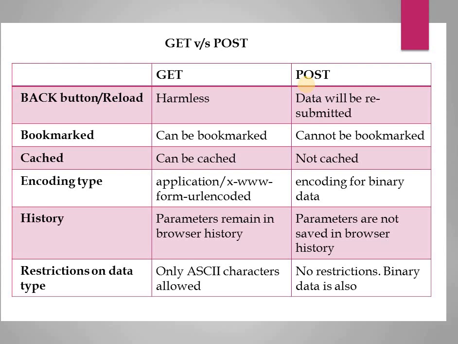Now after that, encoding type. For GET it is form URL encoded, while for POST it is encoding for binary data. After that, history. Parameters remain in browser history for GET, whereas for POST parameters are not saved in browser history. Let me give you one example. Whenever you are logging in, your URL is generally saved in your cache memory, but your password is not saved.